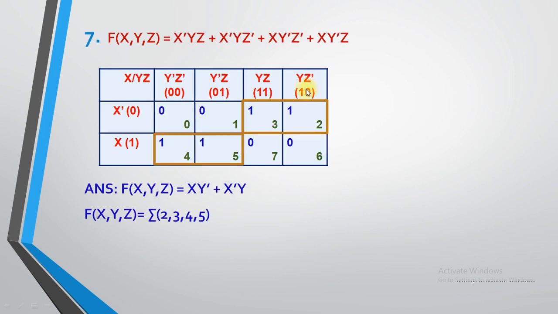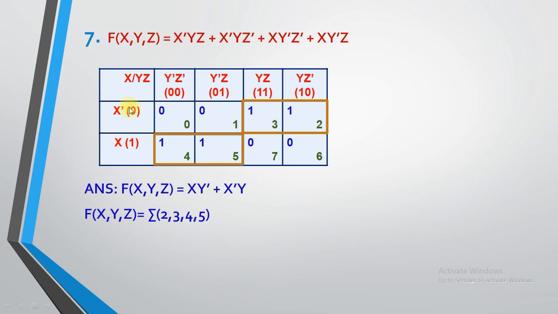The next example we have seen is what? Instead of giving numbers, they have given min terms, x dash y z plus x dash y z dash. So what you need to do? You need to find out first x dash column over here, sorry, x dash row over here. So x dash is this.